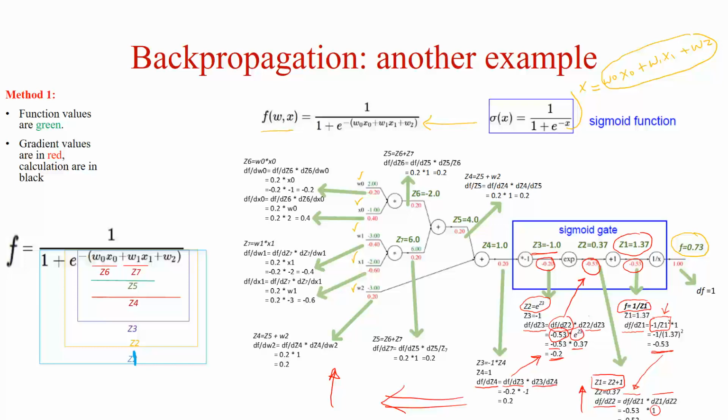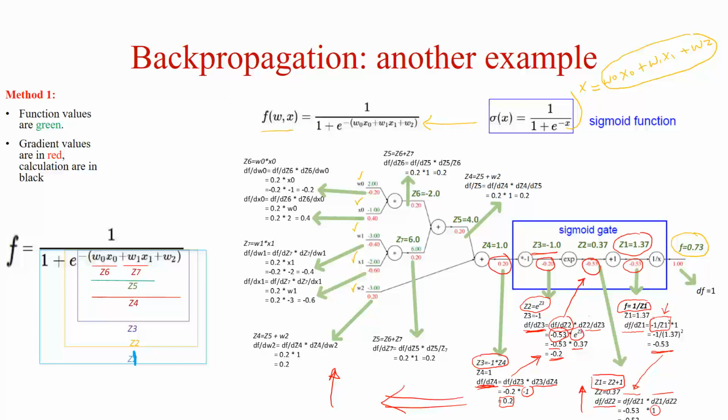Here is the equation that gives me delta z3 over delta z4, which is minus 1. So I multiply minus 1 times minus 0.2, and that gives me 0.2. The minus 0.2 is the value of delta f over delta z3. Therefore delta f over delta z4 equals 0.2, and I come over here and record it.